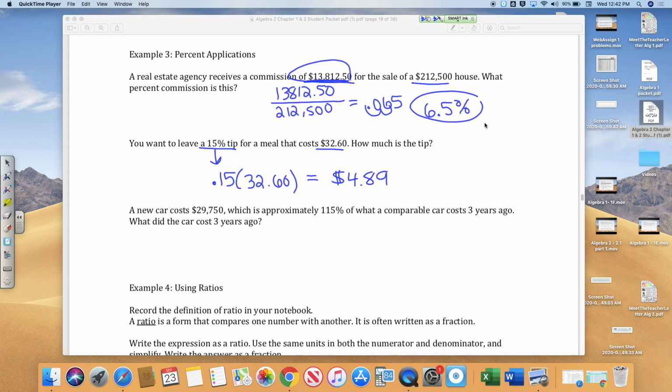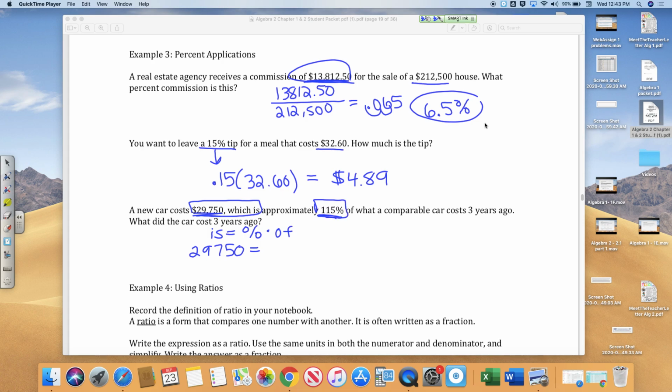All right, so the new amount is this, and that's 115% of what it used to cost. To figure this out, you could use the formula that we used before, and the formula is "is" equals the percent times the "of" number. And if we're using that formula, this car is the "is" here, $29,750.